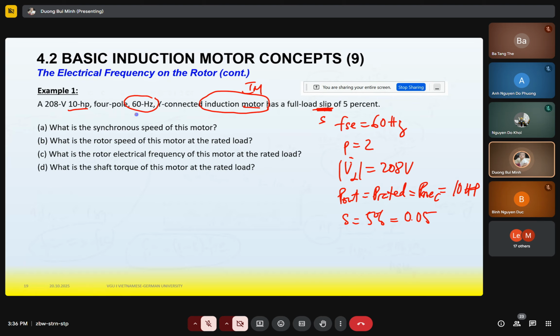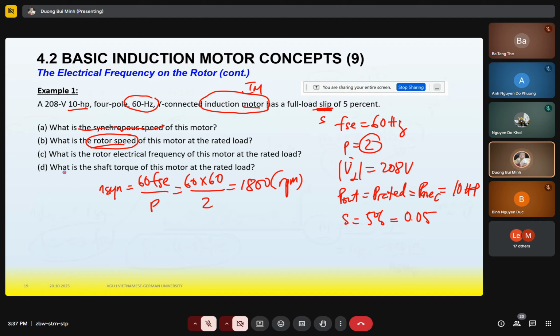Okay, so they require us to calculate the synchronous speed. Synchronous speed means n_sync, right? n_sync is 60 f_se over P. That means 60 times 60 over 2, so you get 1,800 RPM. Okay, so rotor speed. Rotor speed means rotor mechanical speed.